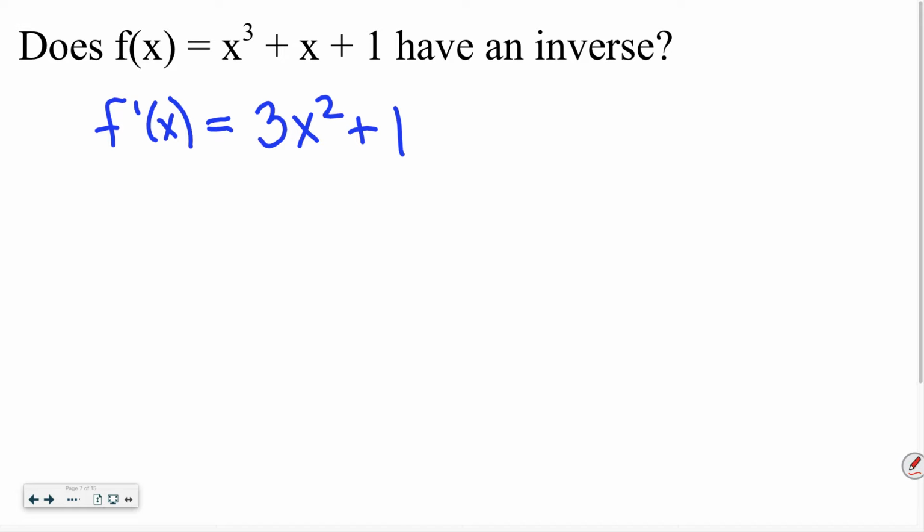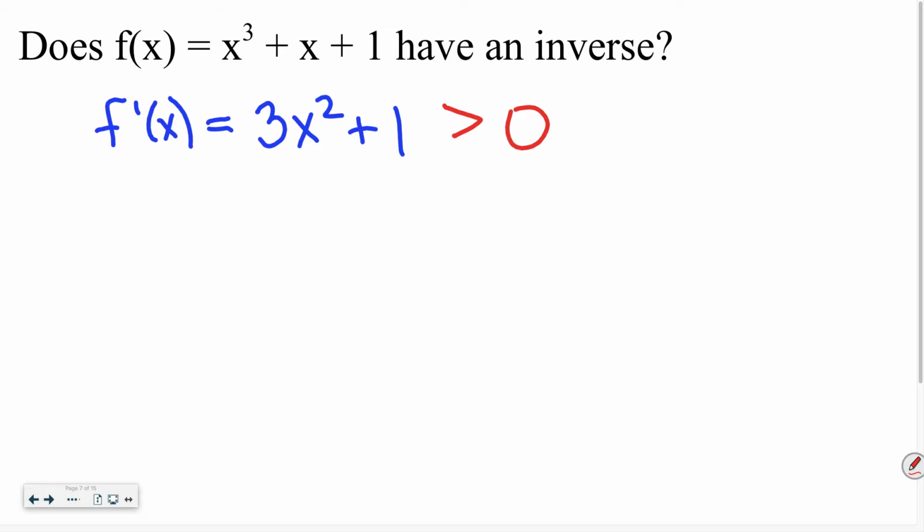Autumn, always positive, always negative, or neither? Autumn says this is always positive. Colby, why is it always positive? How do we know that this is always positive? What gives it away? Okay, so all of our y values are shifted up one, right?